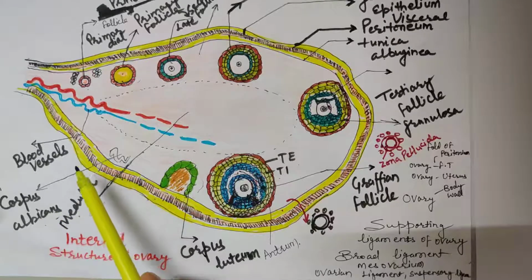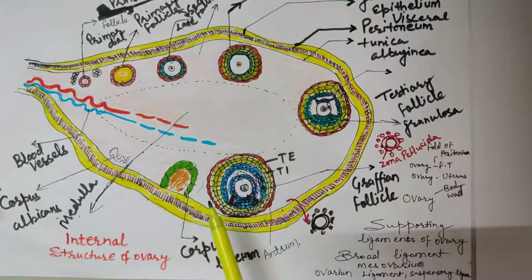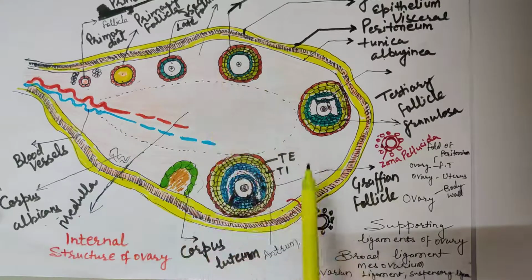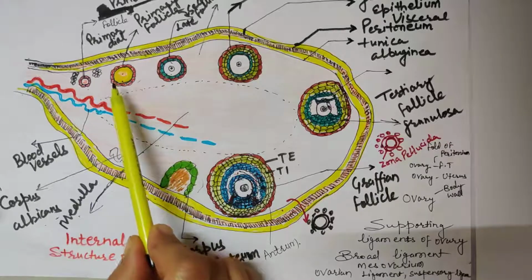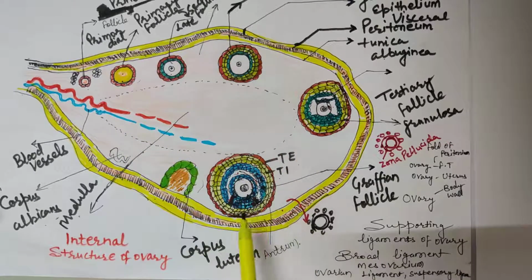Okay, so this is all about the internal structure of the female ovary, and all these structures are showing growth of primary follicle into mature Graafian follicle, which is an event that occurs in human females every month.